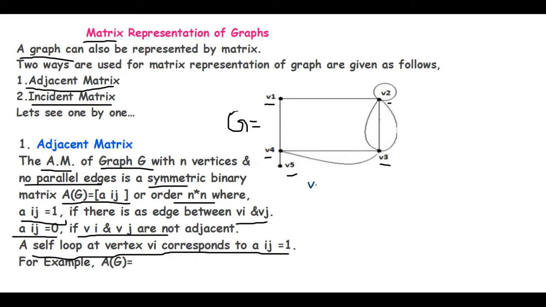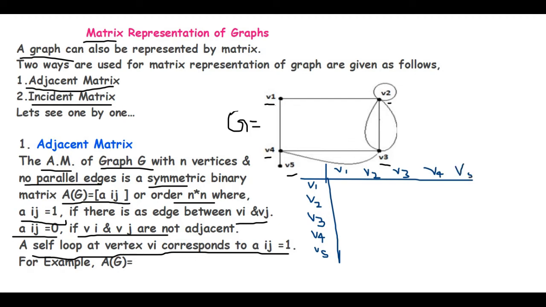We'll write using the matrix method as V1, V2, V3, V4 and V5, as we have 5 vertices, and we also have 5 vertices on the other side, that is V1, V2, V3, V4 and V5. So let's see how the edges are represented in a matrix using the adjacency matrix method.